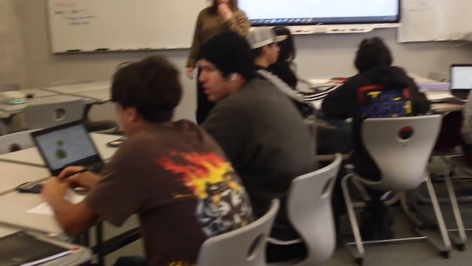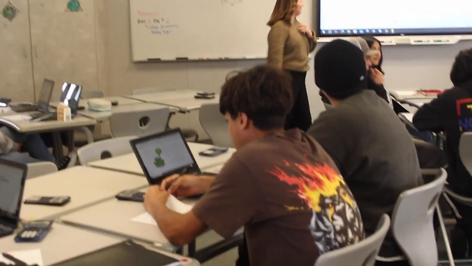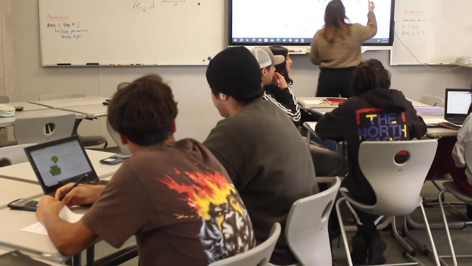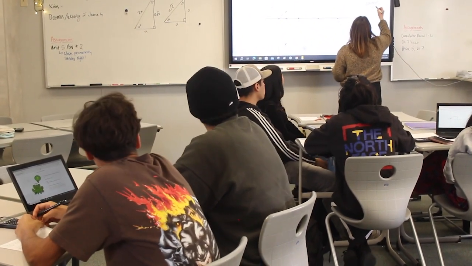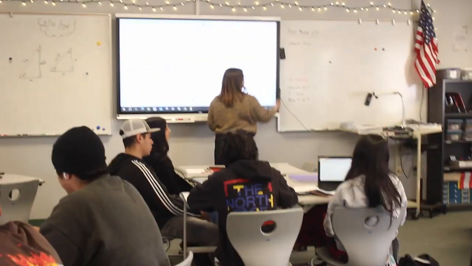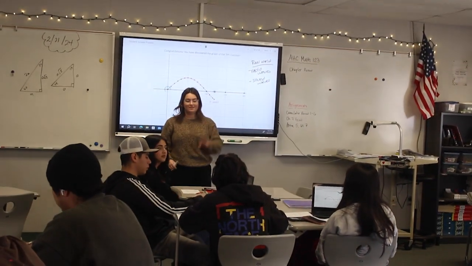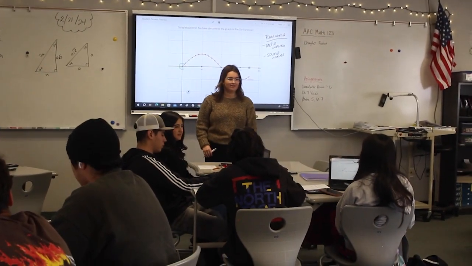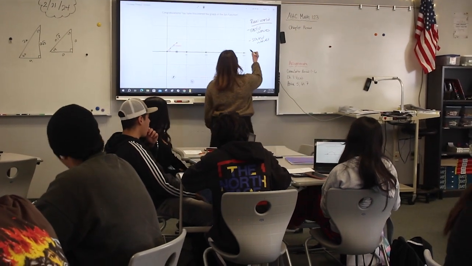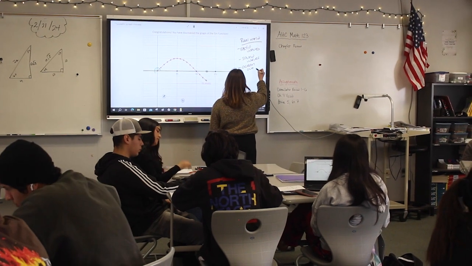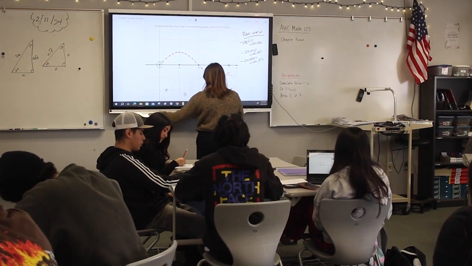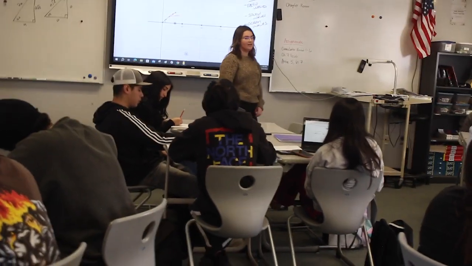What did you guys think of? Oh, we said sound waves. Awesome. Let's do this table. What did you guys come up with? Ocean waves. Lots of waves going on.